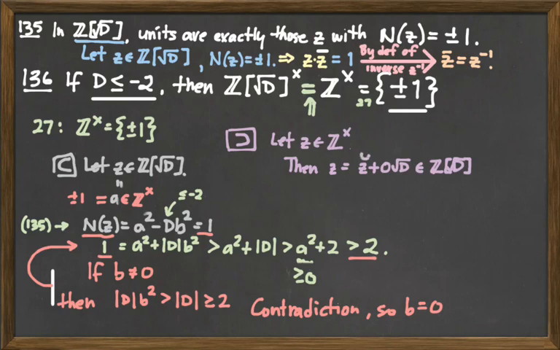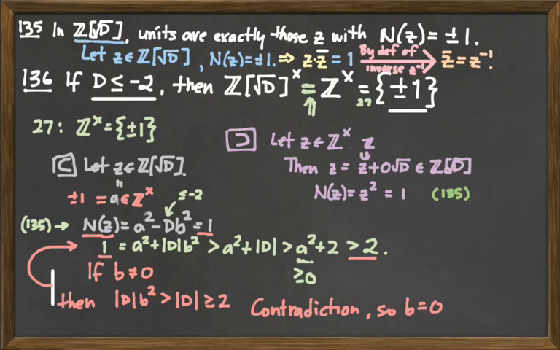The norm of that would just be z squared minus d times 0 squared, so z squared. And that has to equal 1, because the norm has to equal 1 from Theorem 135.